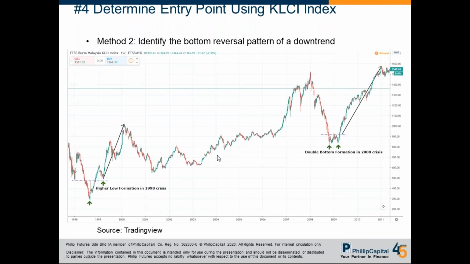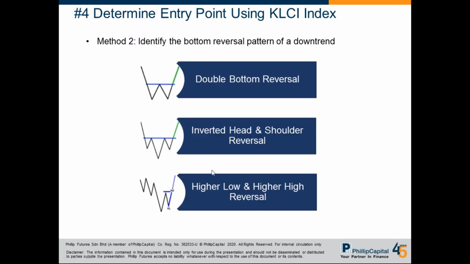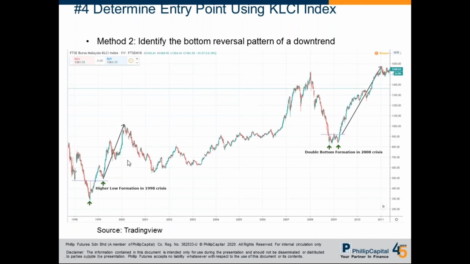Remember, method number 2 is a higher low, higher high reversal. So it's very obvious that this area here is where you see the support line already. This is an area that traders can enter to benefit from a bigger bullish momentum. So this is where traders can enter in 1998.